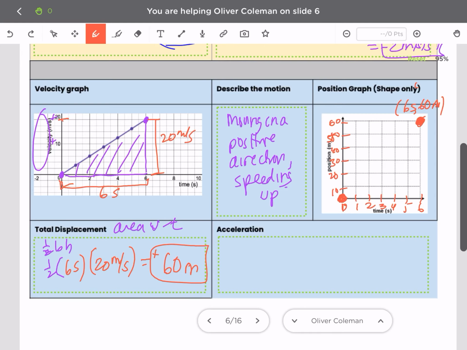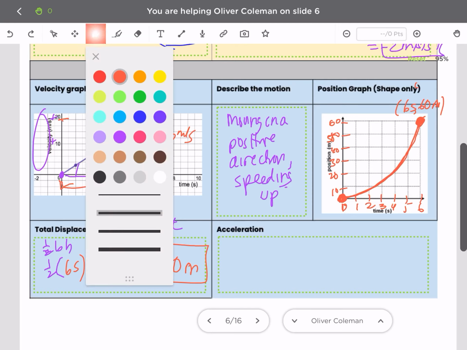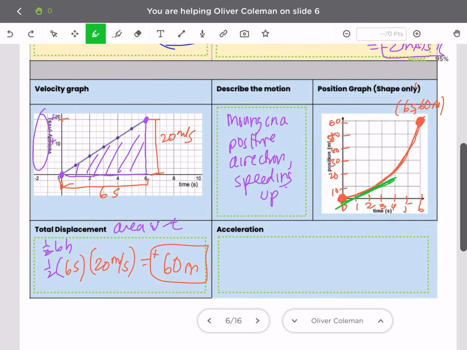You don't really know where you started, but we'll just assume 0. Again, a straight line in the position graph would mean constant speed, which it's not. It's supposed to be speeding up. So you want to think about how to connect those points to show speeding up, and that's going to be the upward facing curve like this. When I look at those tangent lines, it starts out more shallow and then ends more steep, which means it's getting faster.